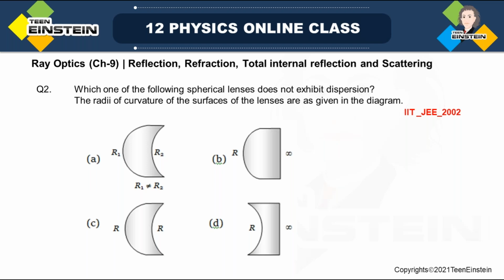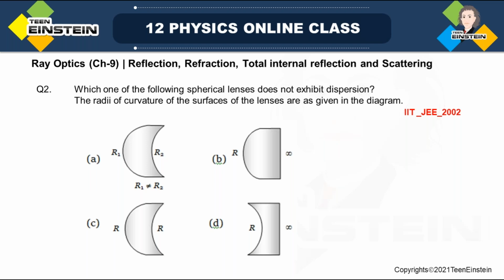So how do you solve it? We'll see how dispersion is related to refraction, and how it depends on the radius of curvature and the nature of the curvature, and how these factors affect the dispersion.